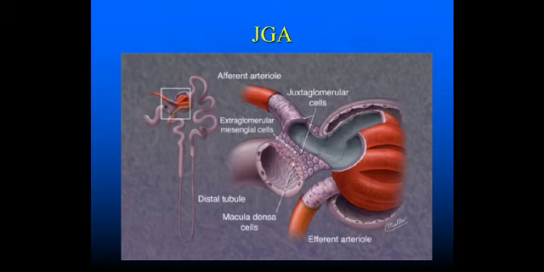So finally we have the JG apparatus, which is very important in renin synthesis and regulation. The juxtaglomerular apparatus is formed when the distal convoluted tubule goes up and touches the afferent arteriole. That means it comes in contact with the afferent arteriole.